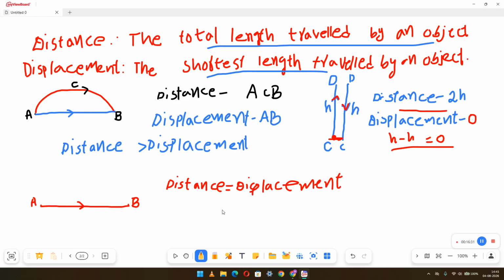So from all these examples, we define that distance is always greater than or equal to displacement. In the first condition, distance is greater than displacement.